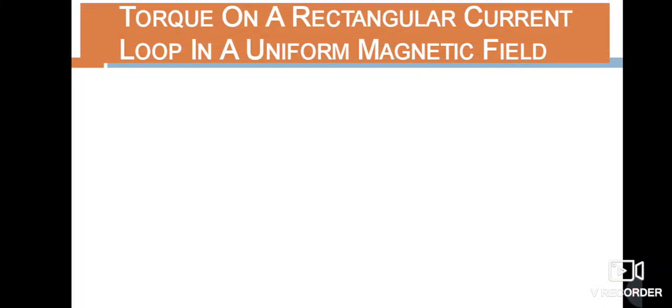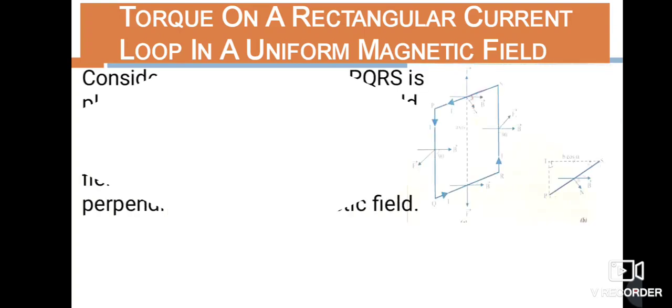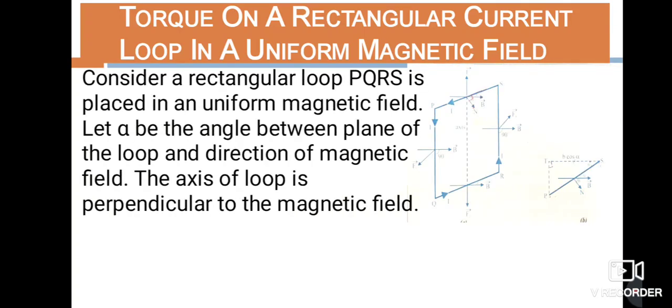Next we are going to discuss the torque on a rectangular current loop in a uniform magnetic field. For that we have to consider a diagram. Here we have considered a rectangular loop PQRS placed in a uniform magnetic field. Let alpha be the angle between the plane of the loop and the direction of the magnetic field.